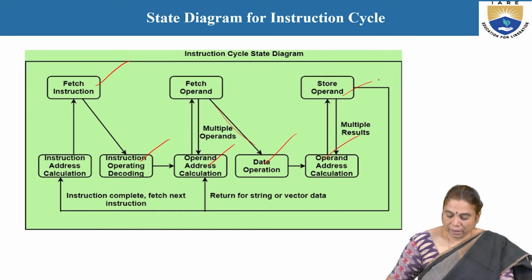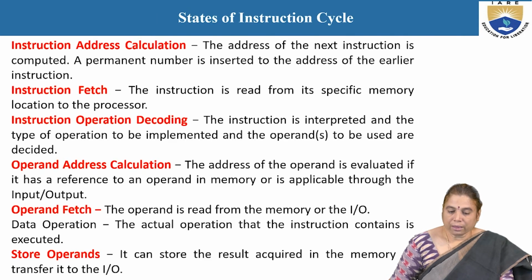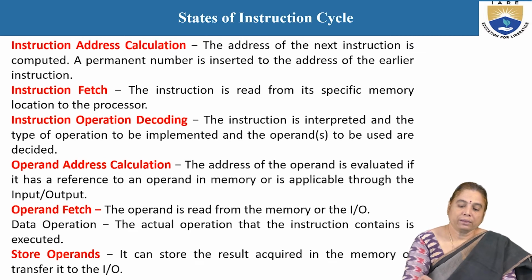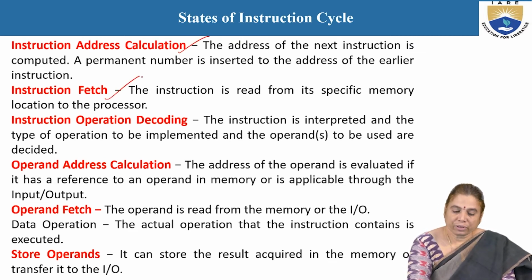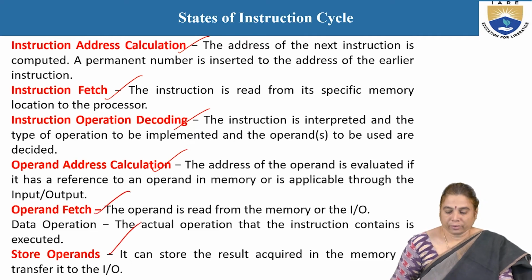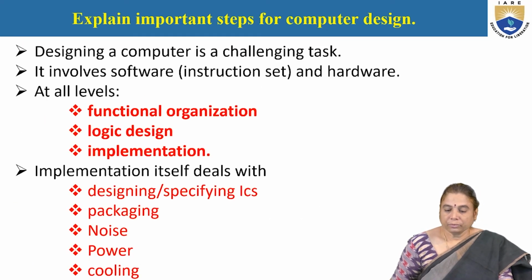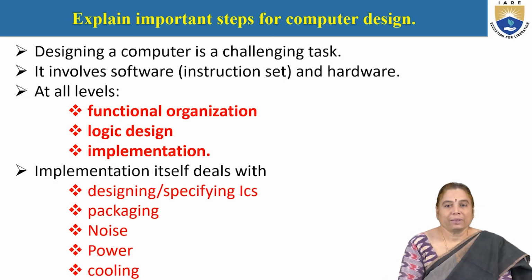So like this the instruction cycle can be executed. The basic states of the instruction cycle are instruction address calculation, instruction fetching, instruction operation decoding, operand address calculation, operand fetching, and storing the operands. So that is the instruction execution cycle.